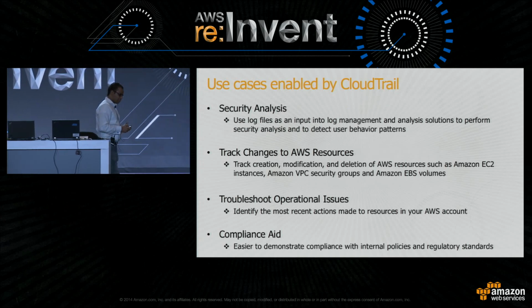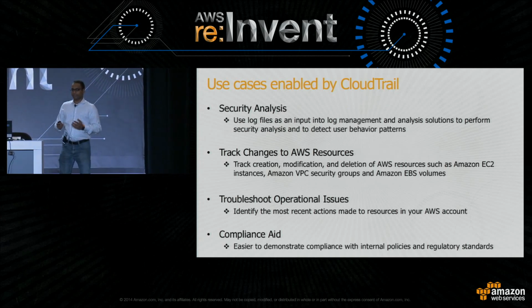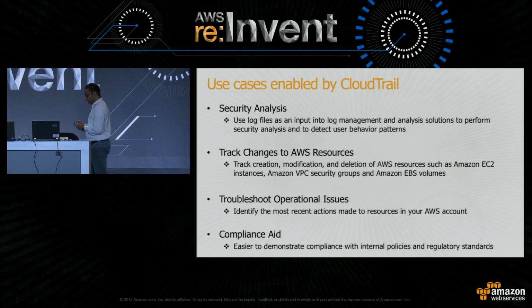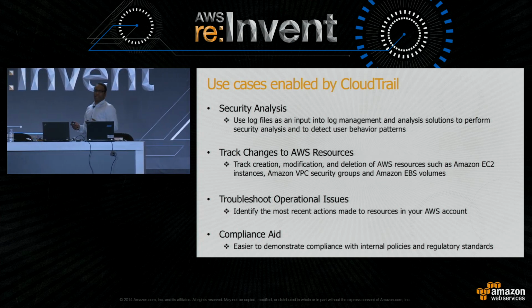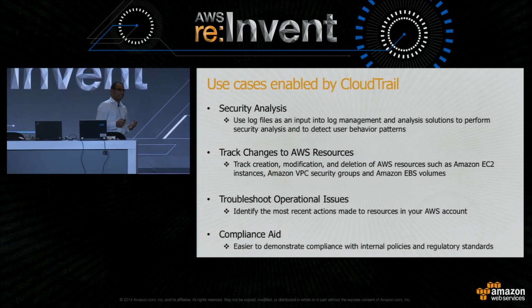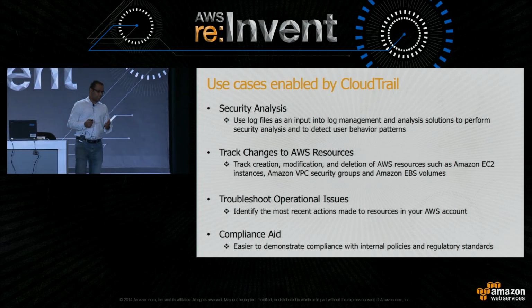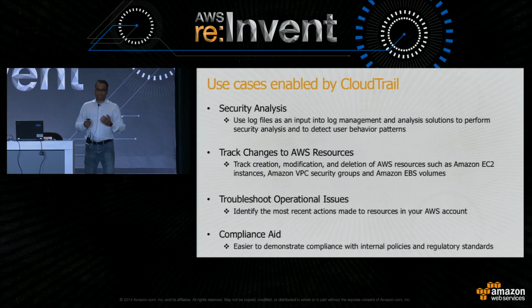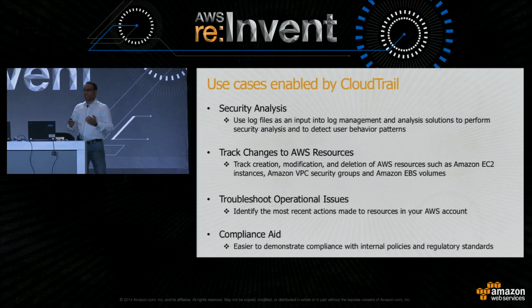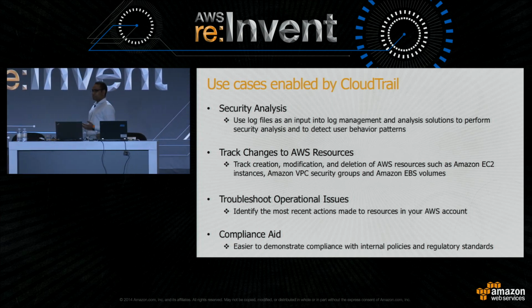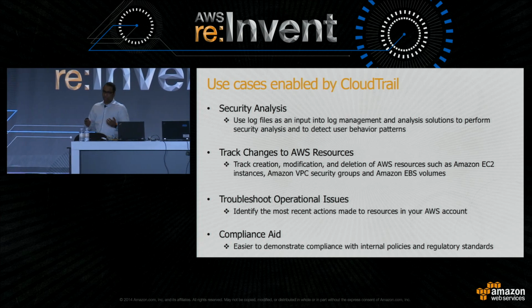There are multiple use cases enabled by CloudTrail. You probably heard Andy's keynote yesterday, where he talked about how CloudTrail is one of the services enabling customers to come use the cloud because it's unblocking the security and compliance-related workloads. That is the most popular one.